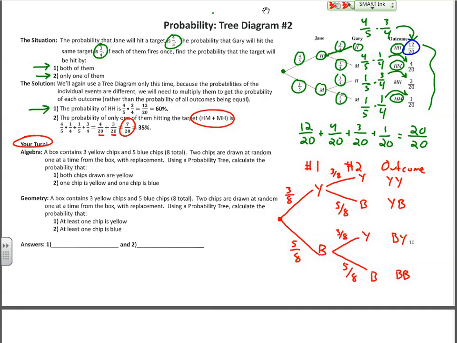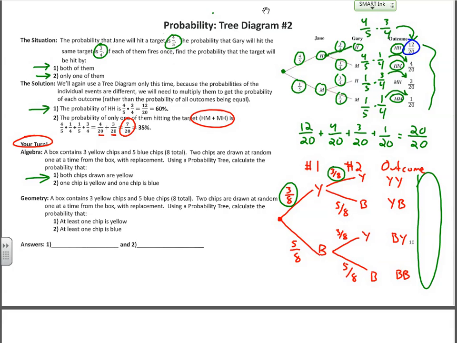And like we did up above here, you are going to want to multiply these probabilities to get that outcome. A yellow is 3/8 times 3/8. You'd fill it in here in your fractions, and again, make sure they all add up to one whole when you're done, and then use that to answer the questions here.